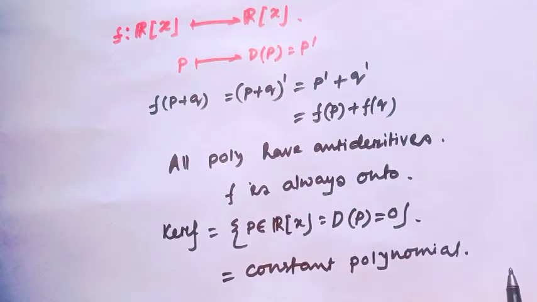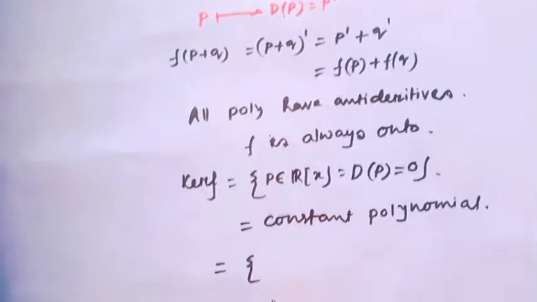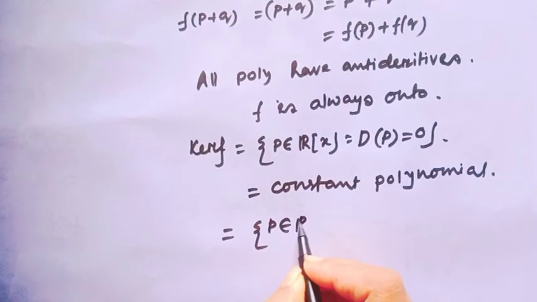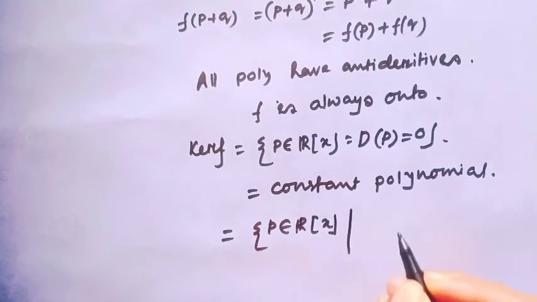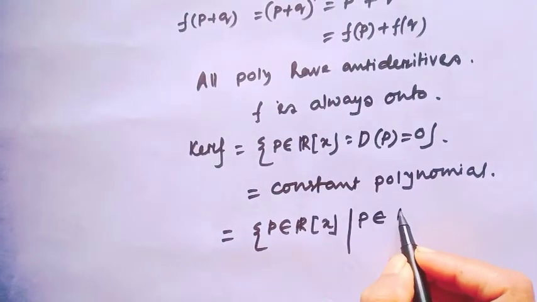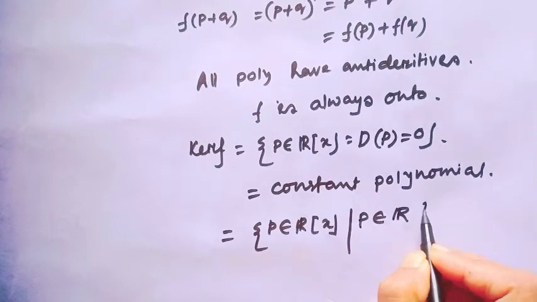Okay, then what is the kernel of f? Kernel of f = {P in R[x] : P belongs to the real numbers}.